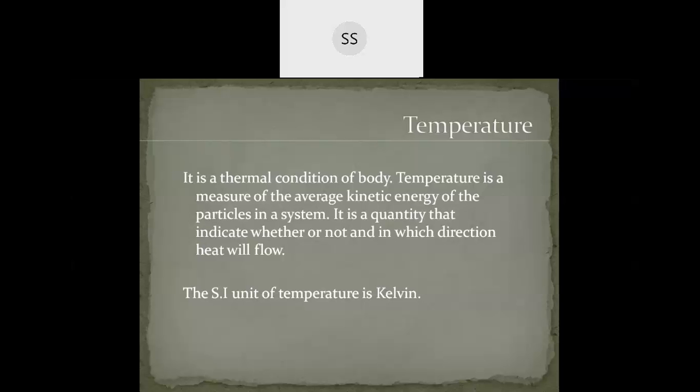So the introduction to temperature is the effect of heat. It is the thermal condition of the body. Temperature is the measure of the average kinetic energy of the particles, and it measures in which direction heat will flow and whether the heat will flow or not. So the SI unit of temperature is Kelvin.